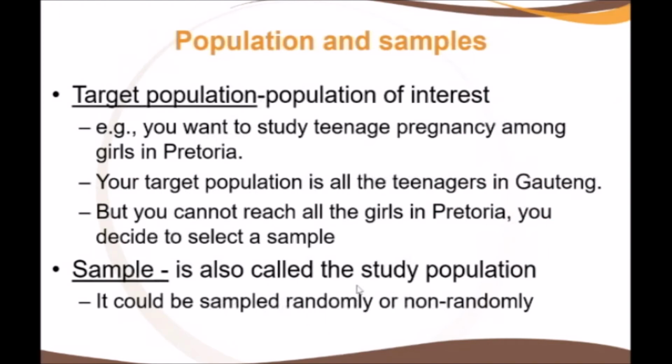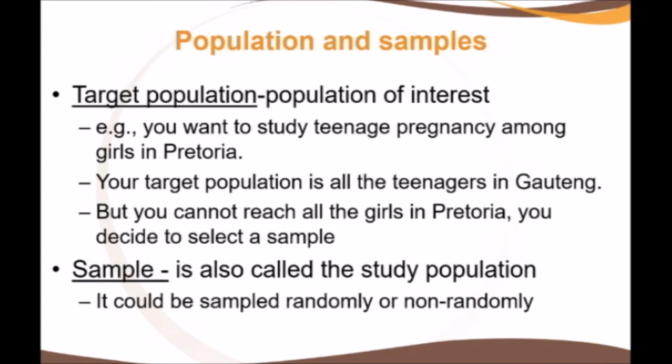So having discussed study designs, let's now look at the population and samples. There are 2 populations that you'll deal with mainly. We have what we call the target population. This is the population of interest. For example, you want to study teenage pregnancy among girls in Pretoria.